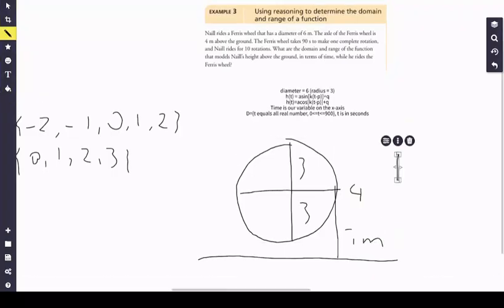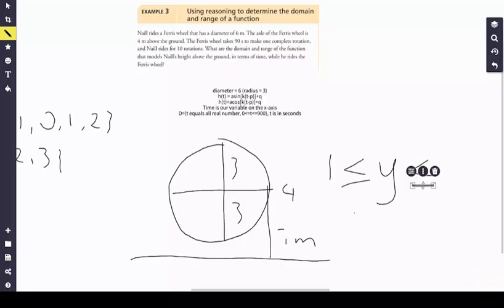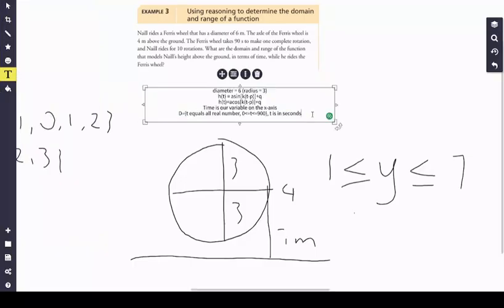So this is 1 meter, so that's our lower bound. 1 is less than or equal to, what's our upper bound? 4 plus 3. Y, or height, since we defined it. 4 plus 3 is 7. So let's fill in a text box because we like the text box.